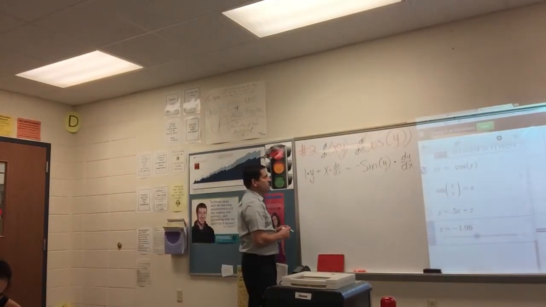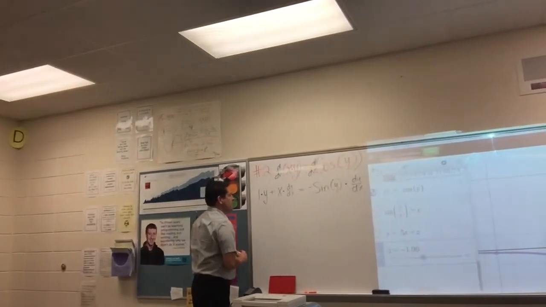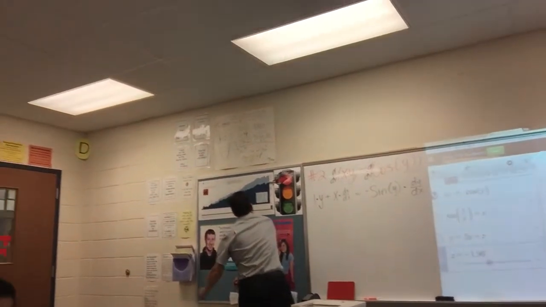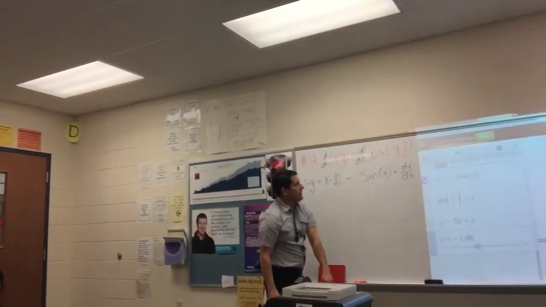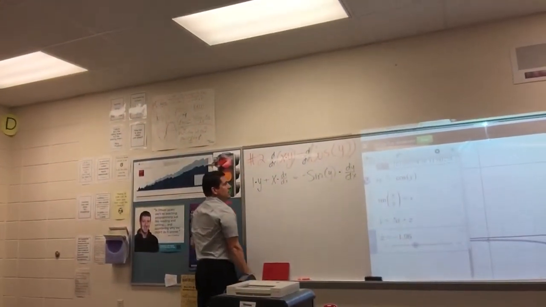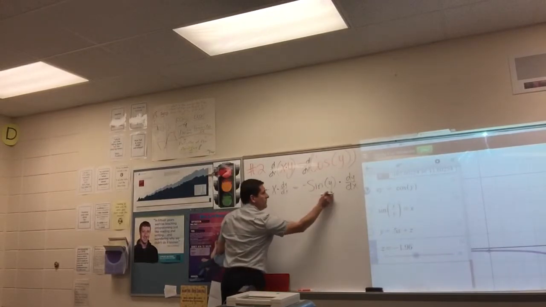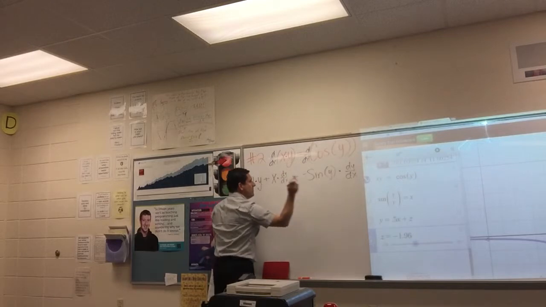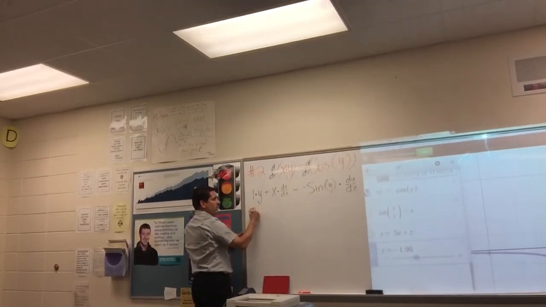Okay. So I don't know what's the best way. What I'm going to do is I like to throw all my dy/dx's on the left side, everything that does not contain a dy/dx on the right side. So I'm going to move this one to the left, I'm going to move this one to the right, and this one's going to stay where it is. So here we go.